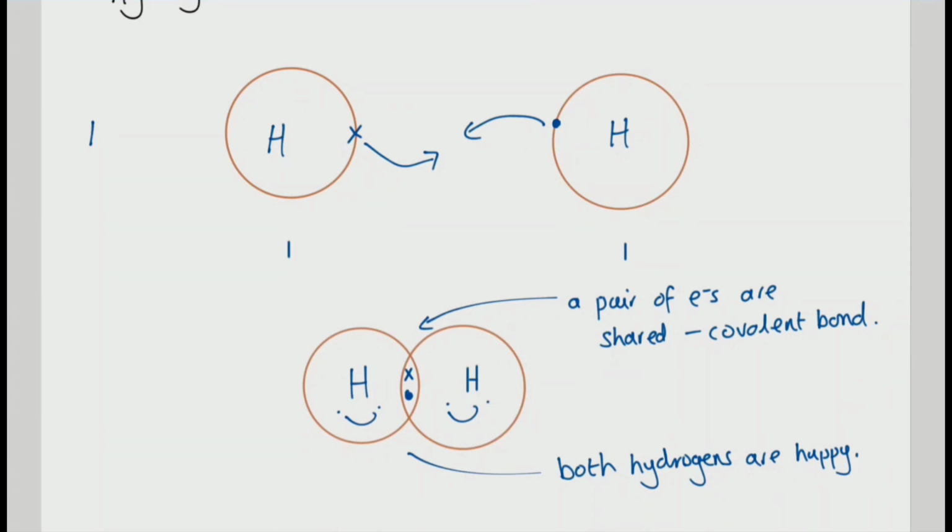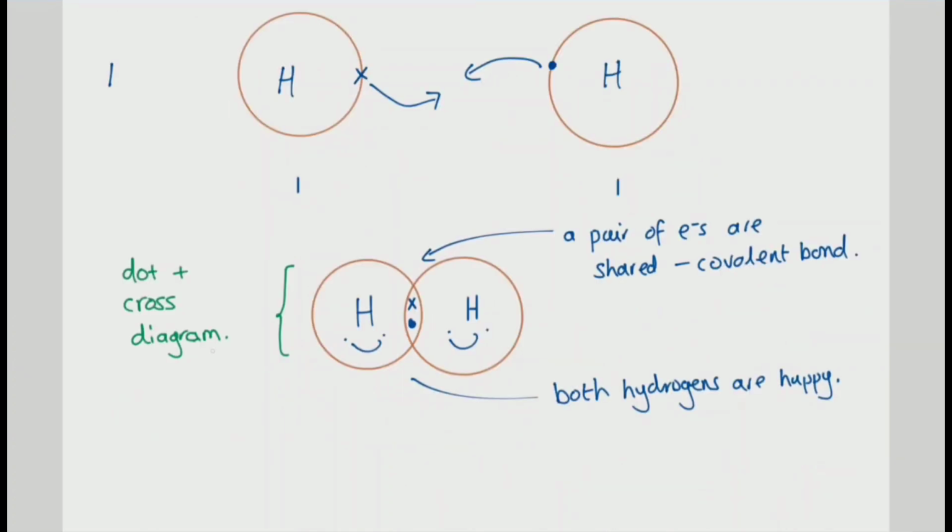Now, this type of diagram that I have drawn is known as a dot and cross diagram, because the dots and crosses represent the electrons of each atom. Now, there is another way of describing this bonding, and that is known as the displayed formula.